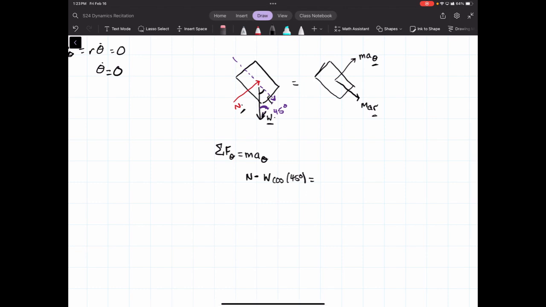And then that's going to equal our mass times our acceleration in the theta direction, which if you go back to your equation sheets, you'll know that the acceleration when we're using polar coordinates is going to be r theta double dot plus 2 r dot theta dot.